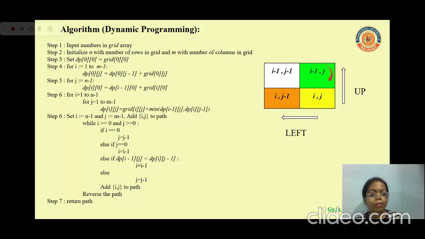If this value is lesser, I will move here. This is the overall logic to construct the path. And as we are traveling backward, starting from the bottom right corner and getting to the top left corner, we need to reverse the path at the end and then return the path.